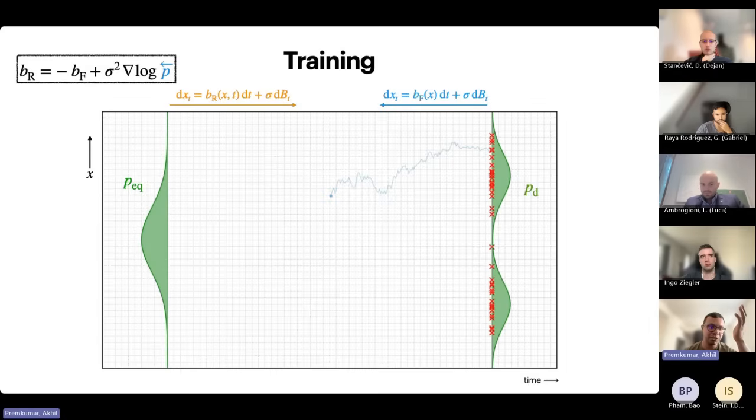I can jump to some random time in the forward direction. By the way, this is why it's important to choose either the VE or VP process, because you can jump to this arbitrary point in time without having to do a step-by-step simulation of the entire forward process.